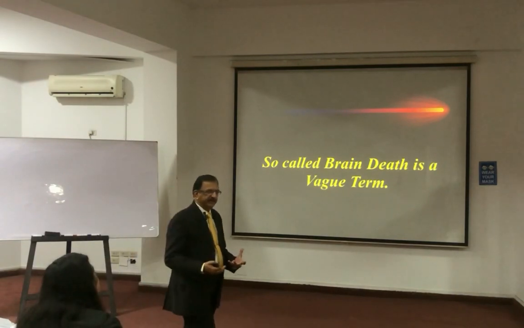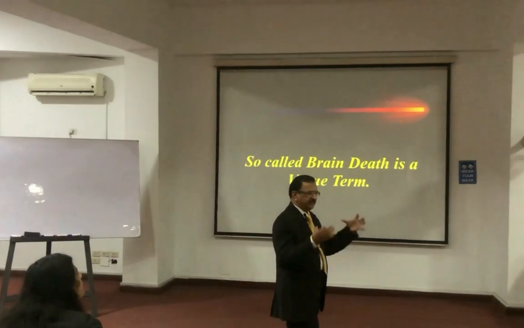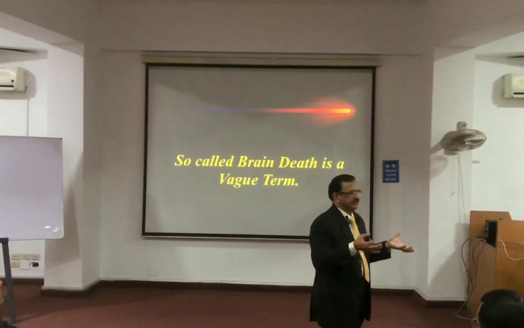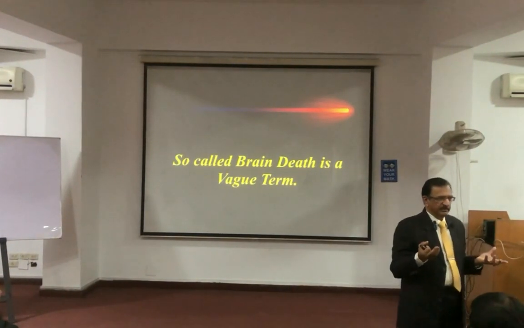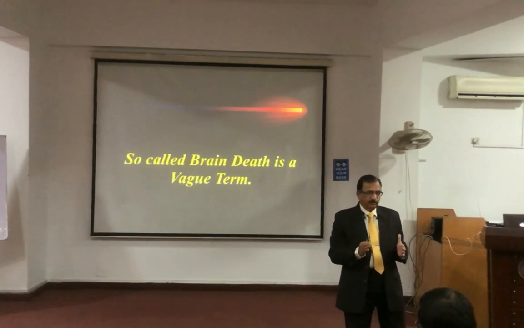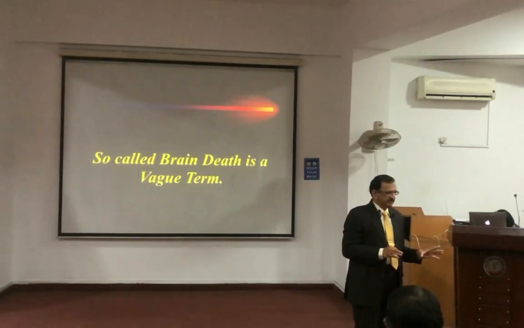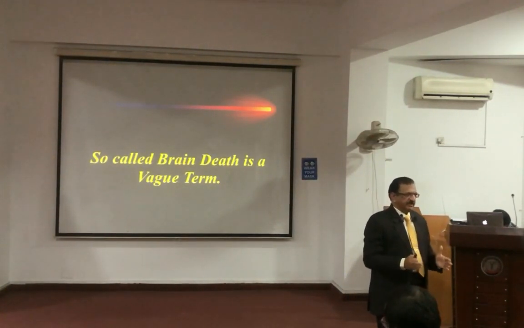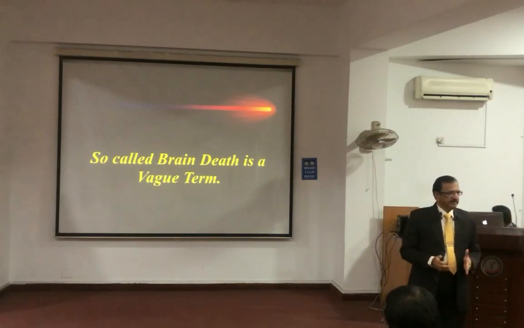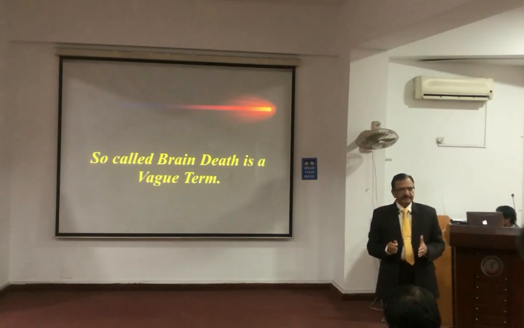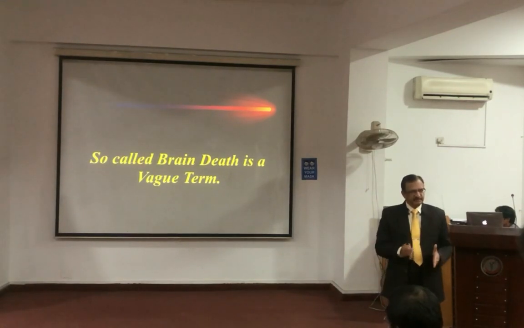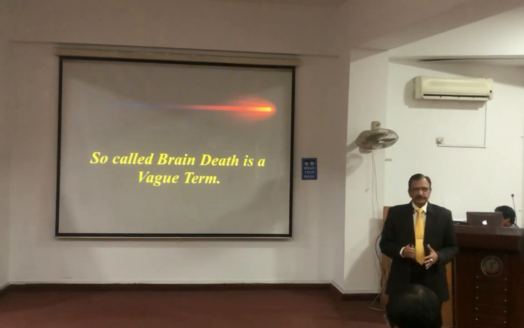Because when we say brain death, everyone will understand that brain means the cerebrum. Whereas this is not the death of cortical centers. It's the death of the brain stem. Vital centers in the brain stem is the brain death. So it's a vague term.